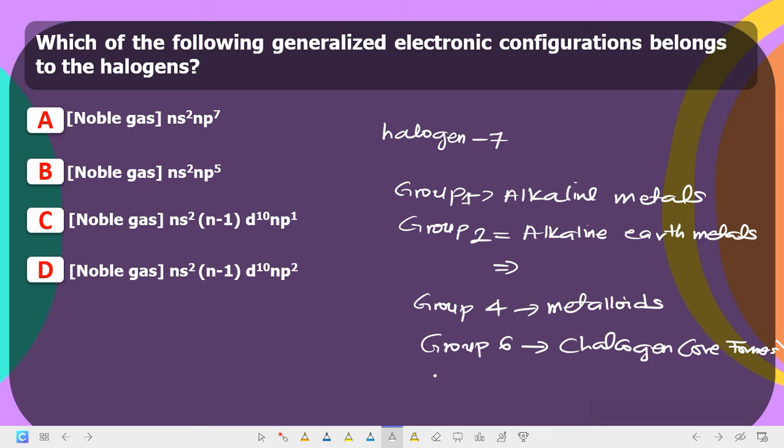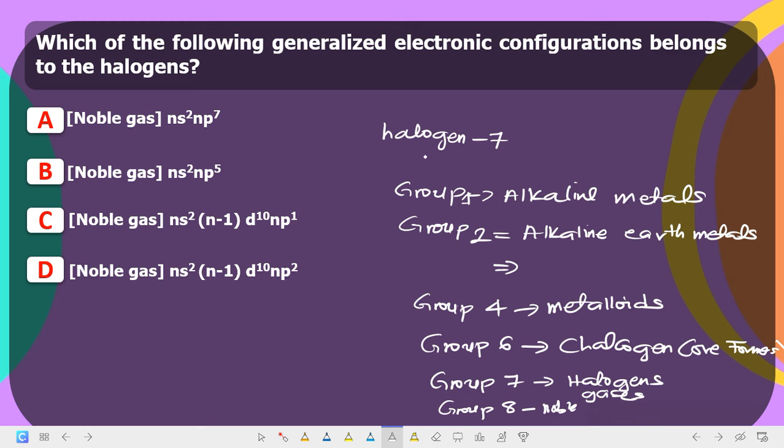And then we have group 7, they are called the halogens. And then group 8 elements are called the noble gases. So these are the various groups in the periodic table and their special names.